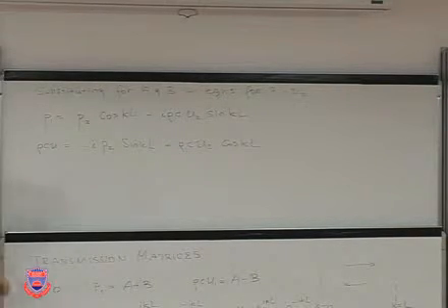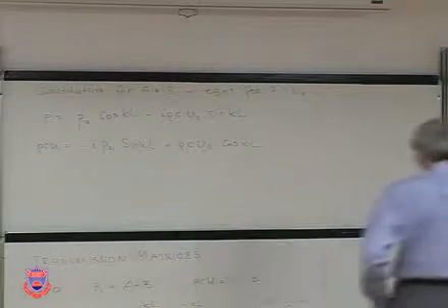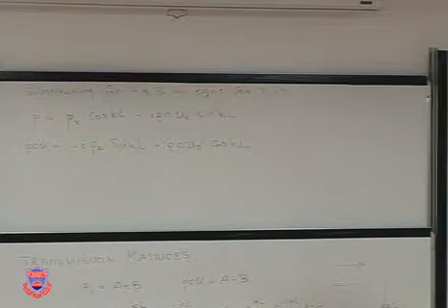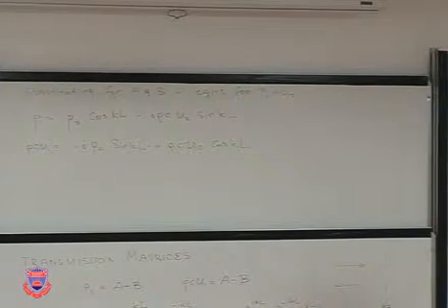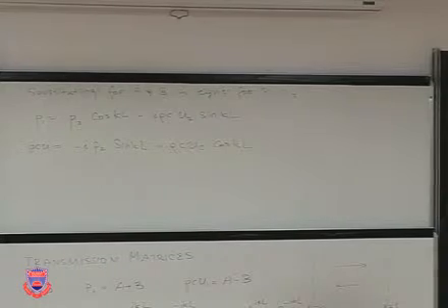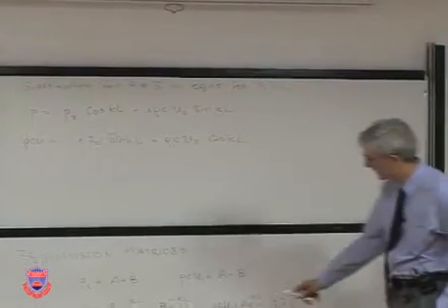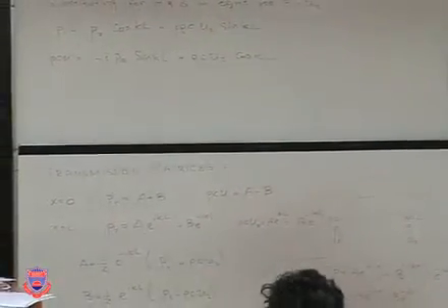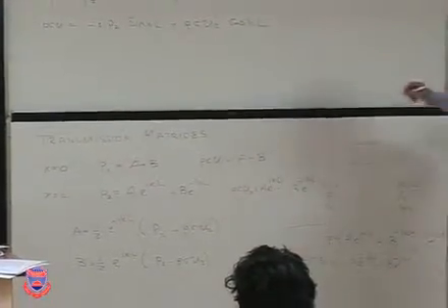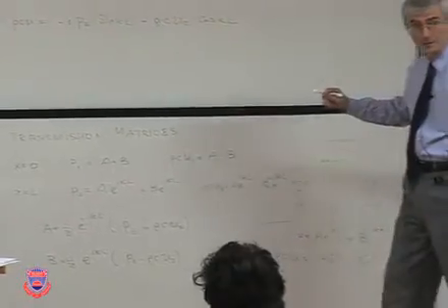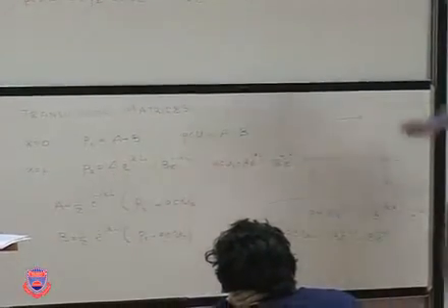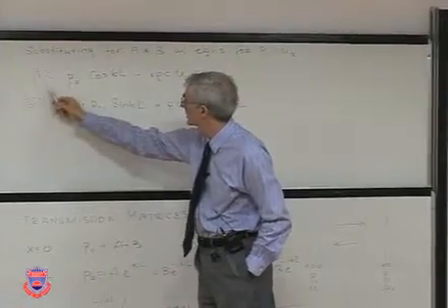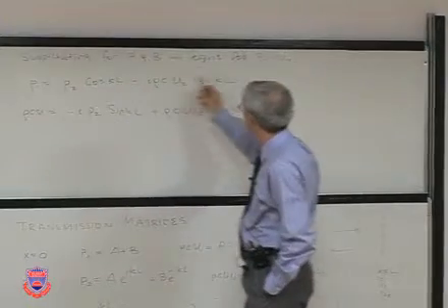Okay, I skipped a couple of steps here. But if you substitute these two values into P1, do you want me to do this? I think you can handle this. And so what we have now is a relationship between P1, U1 and P2, U2.